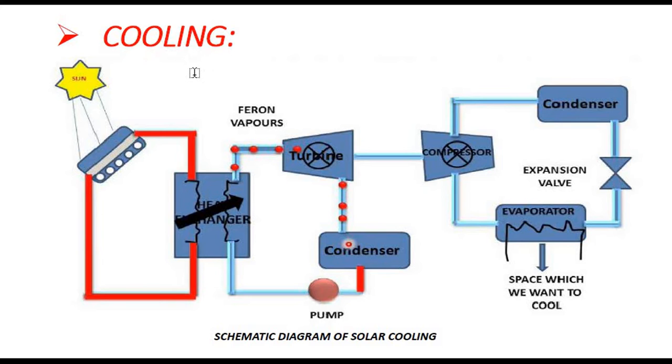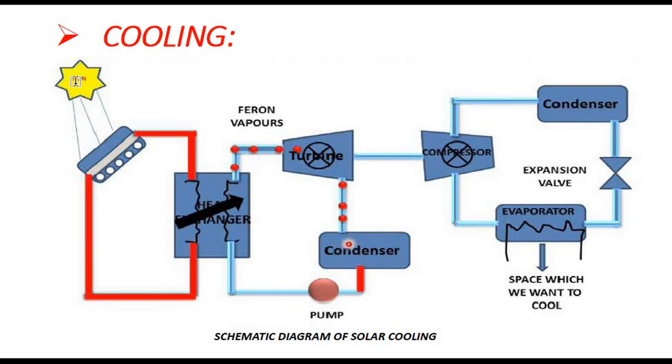Now this is the basic schematic diagram of the solar cooling. It mainly consists of a solar collector, heat exchanger, turbine, compressor, and an evaporation cycle.